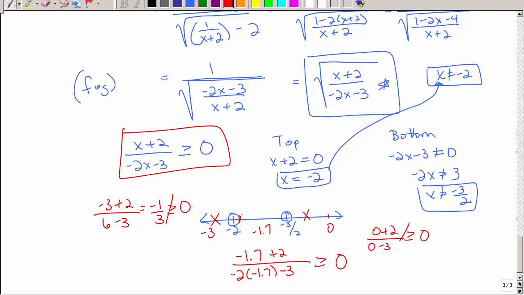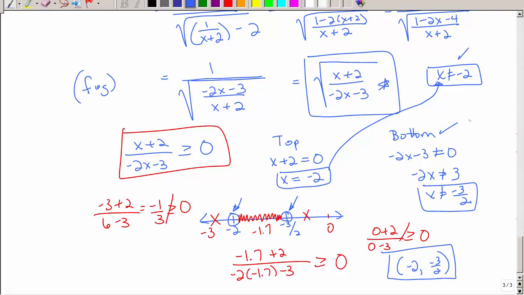So yes, that part works. So that means my domain is from negative 2 to negative 3 halves. Notice I'm using parentheses on both ends because they do not include negative 2 because of the first restriction. They do not include negative 3 halves because it's in the denominator of a fraction.